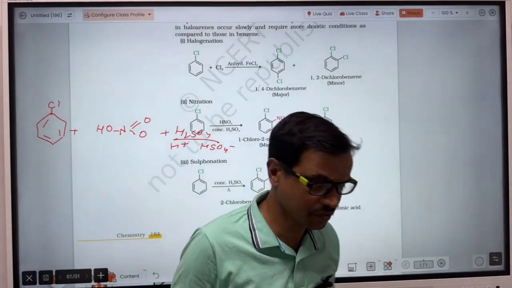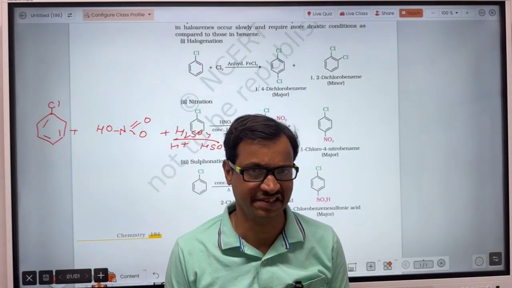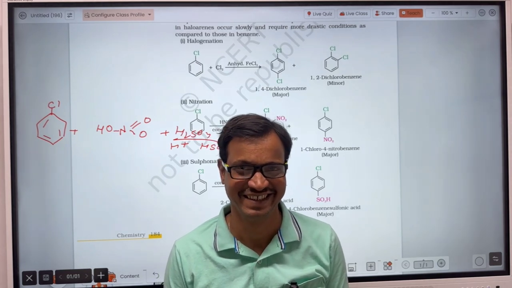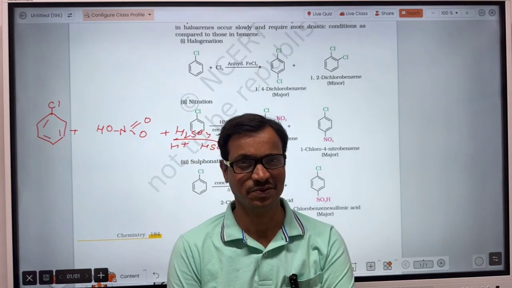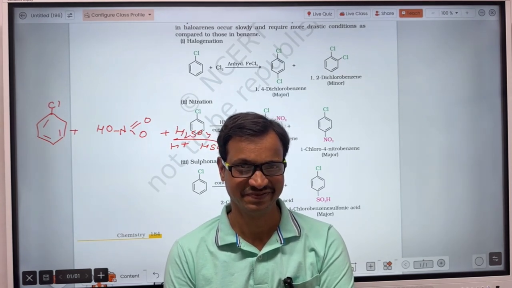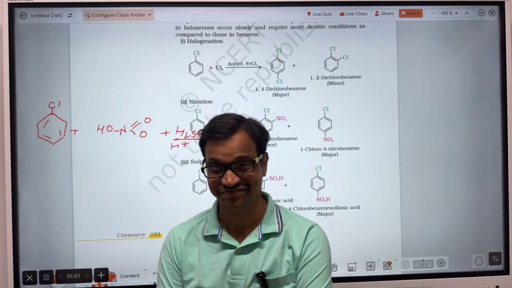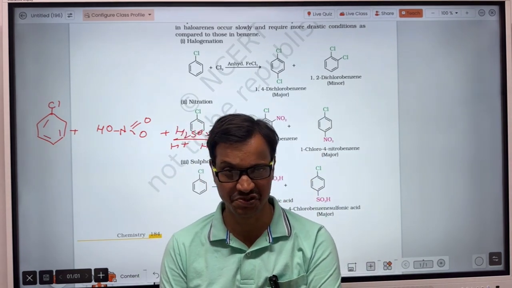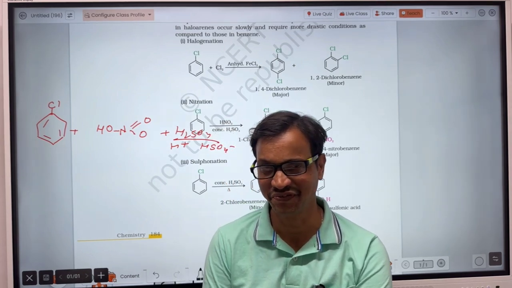The first dissociation constant of H2SO4 is very large, more than 10. And the second dissociation constant of H2SO4 is less than 10 to the power minus 2. So you may consider the difference in the first and second dissociation constants in the case of H2SO4.